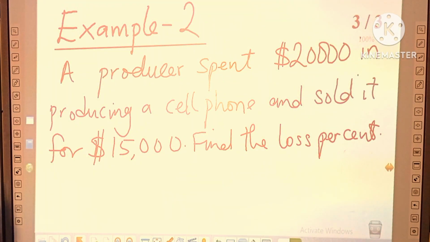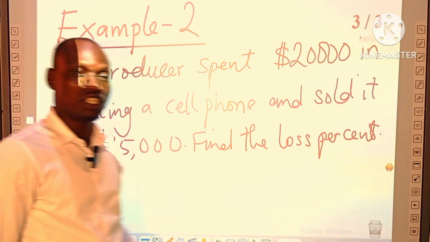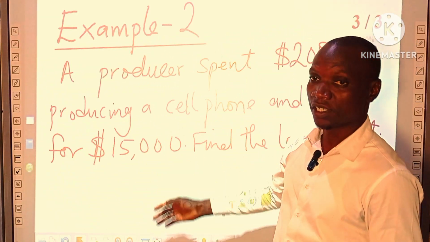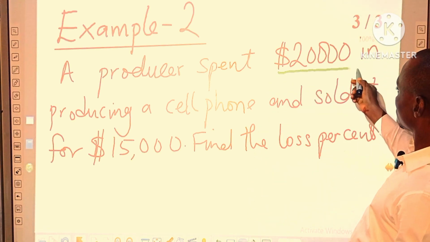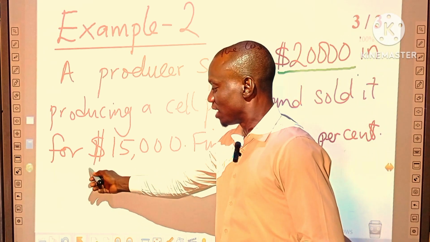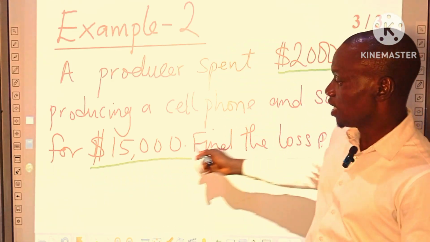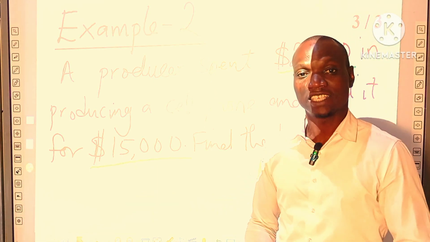This is easy. All we need to do first is to calculate the loss. From our question, we discovered that the cost price, the cost of producing the cell phone, is bigger than the amount the cell phone was sold. $20,000 is bigger than $15,000. So in that case, a loss has been incurred.